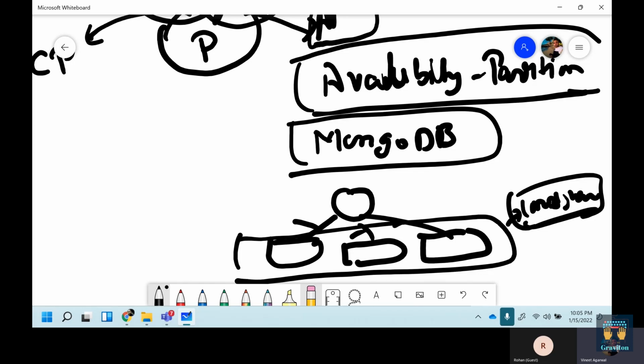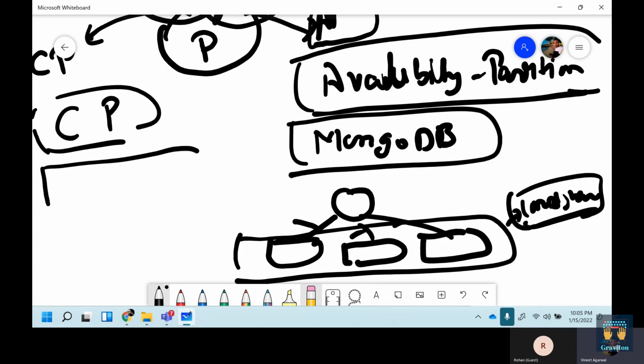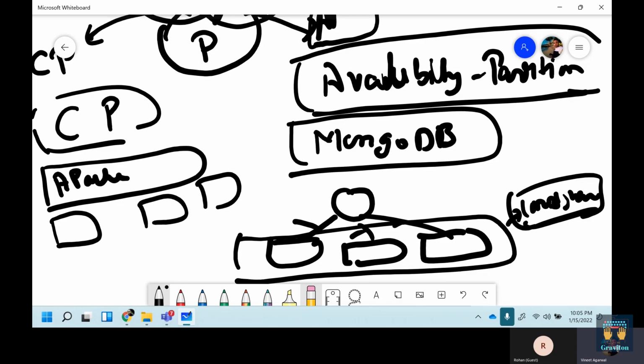But let's take an example of CP. In CP, I can have lots of Apache servers, and they all have their own data.